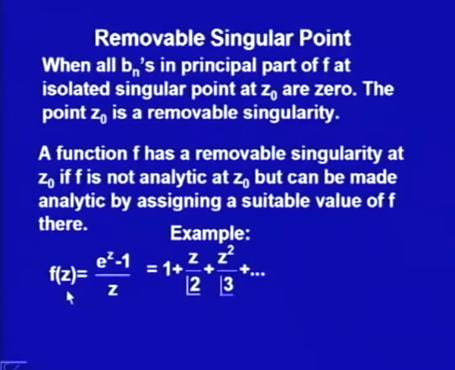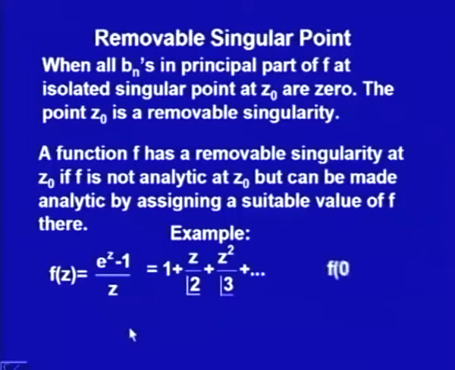What we are saying is that the function is not defined at z equal to 0. If I take the limit of this function as z approaches 0, what would I get? I would get the constant 1 and all other terms would become 0. The function is not defined at 0, that is why it is singular.